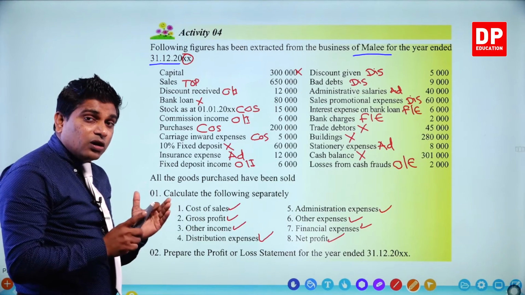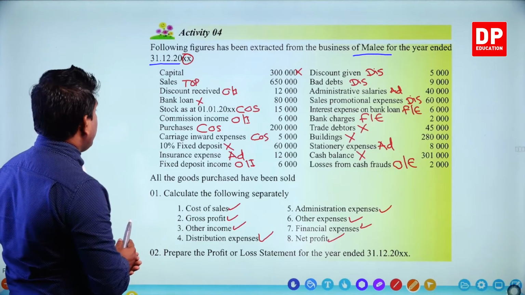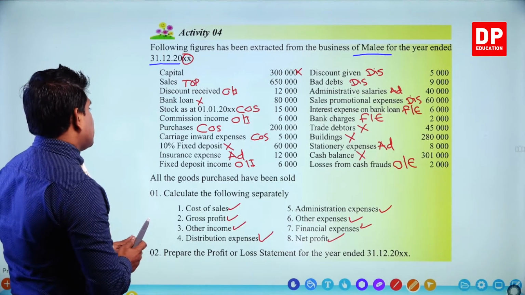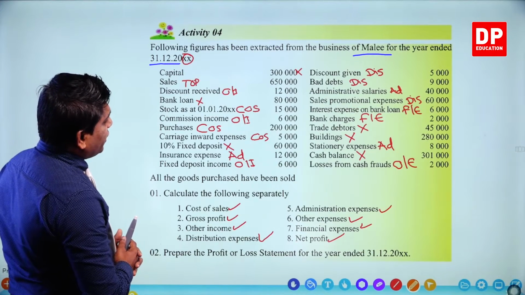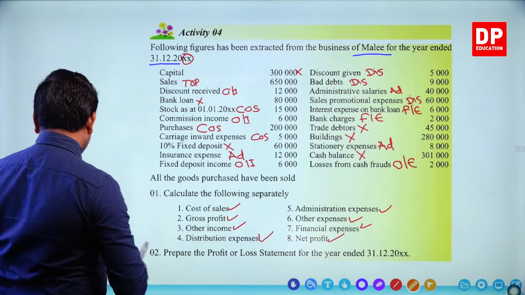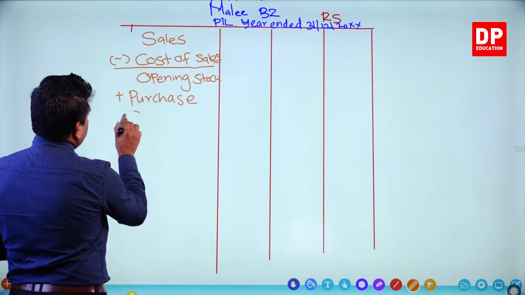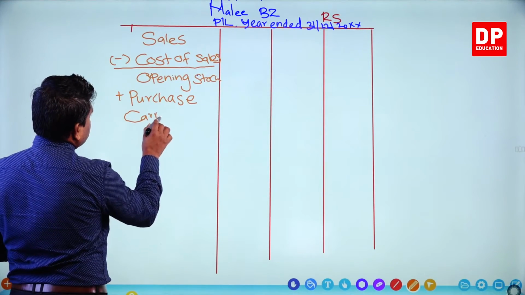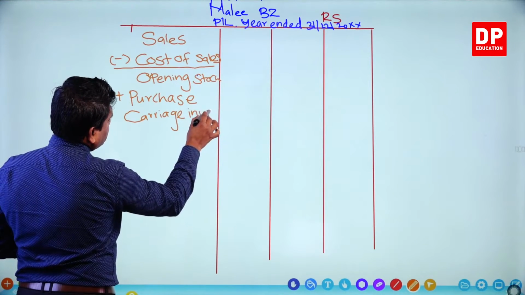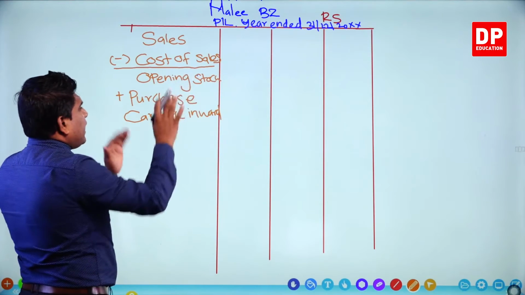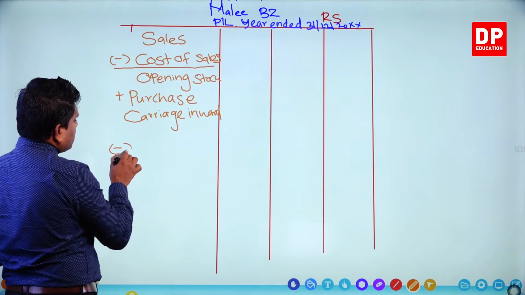We have to count how many expenses are given in the question, right? Here carriage inwards is given. Check, are there any other purchase related expenses? No. Then we write here only one, carriage inwards, right? After that we add all this, then from that we minus the closing stock.